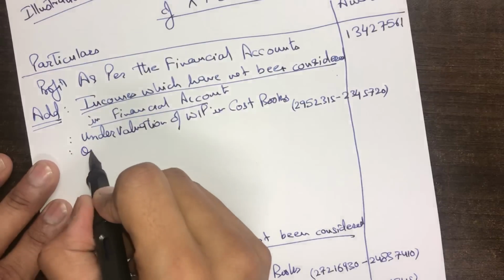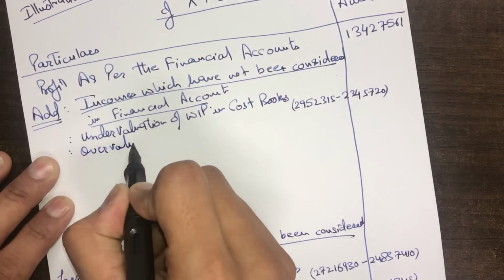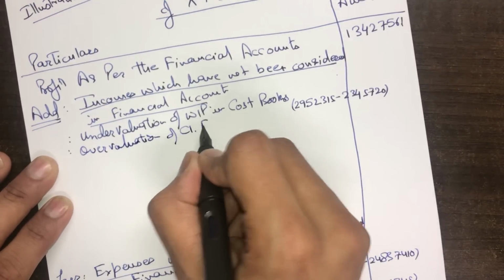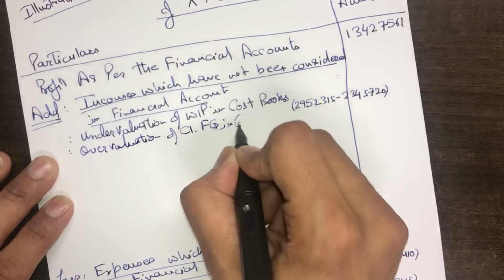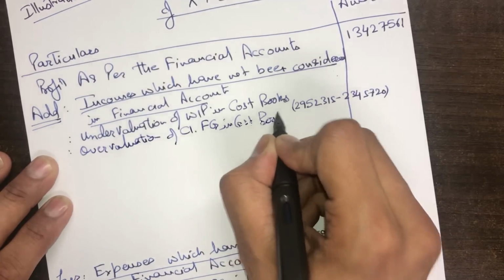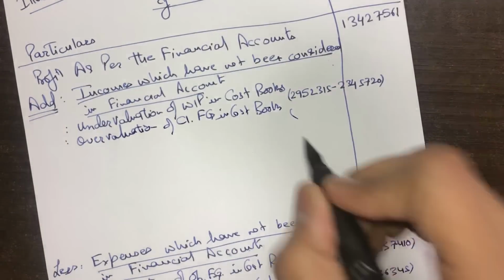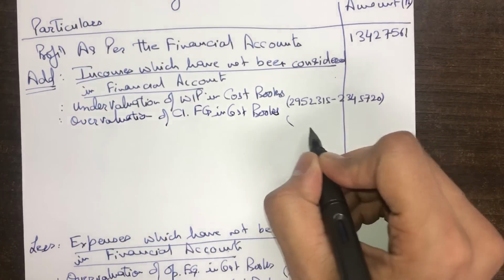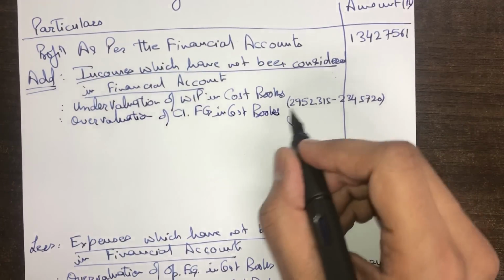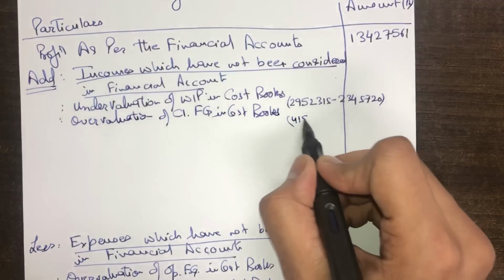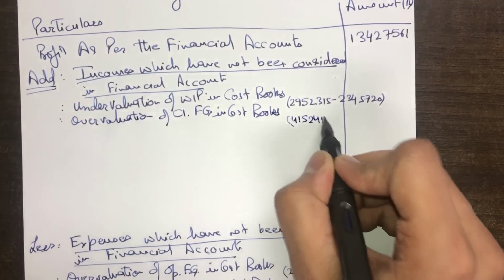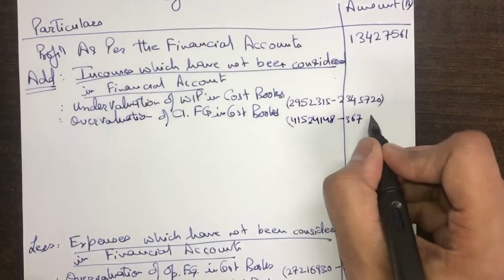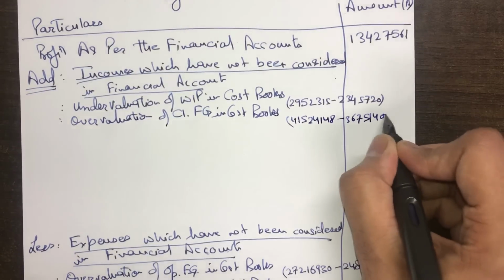The entry will be overvaluation of closing finished goods in cost books. Amount will again be the differential between the amounts given in both the books. Differential is 41524148 minus 36751400.